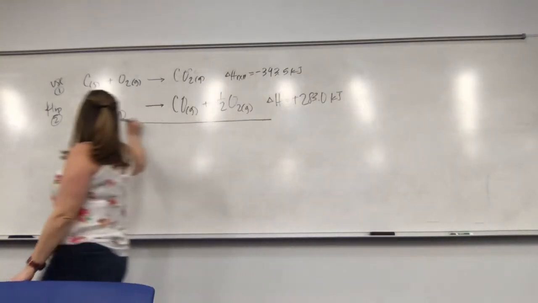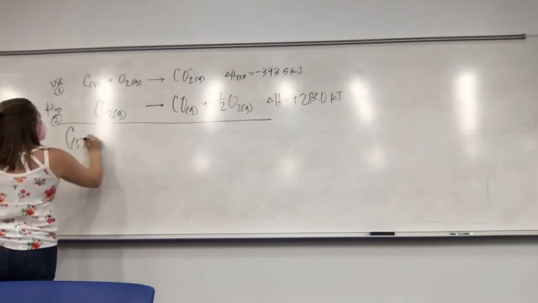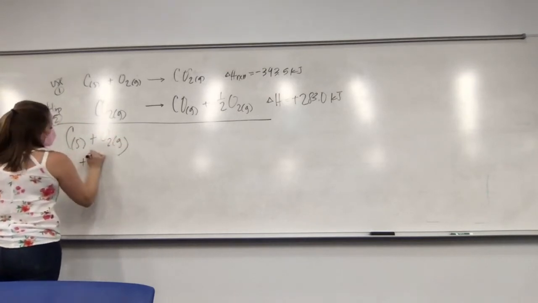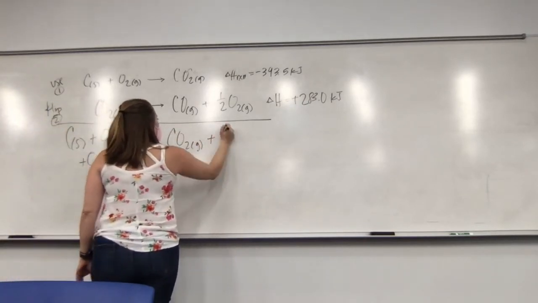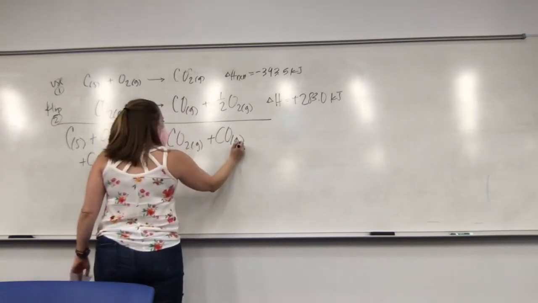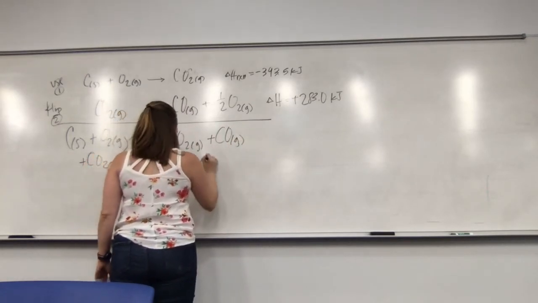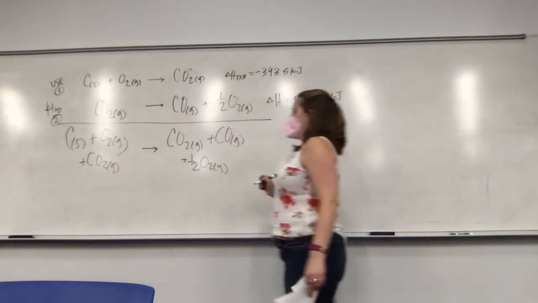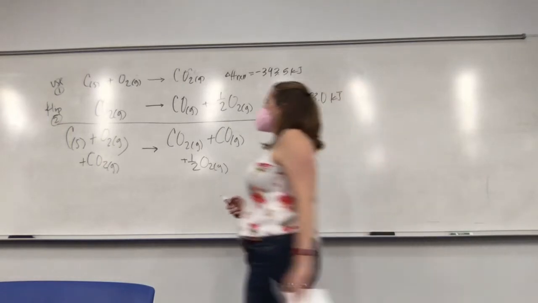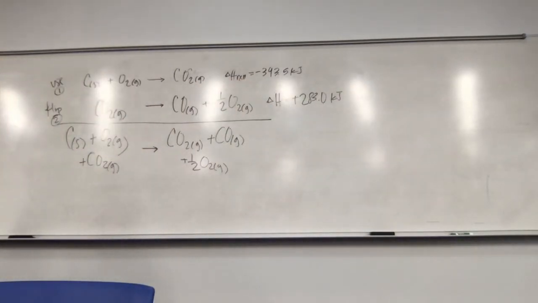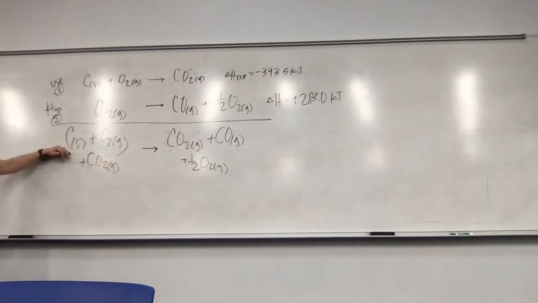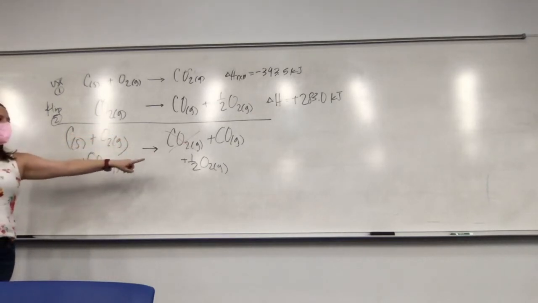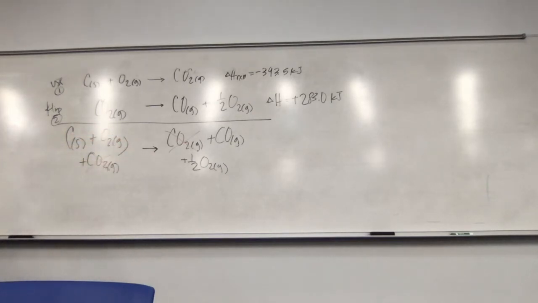So now we're going to add these up, make sure we got it right. So we have carbon solid plus O2 gas plus CO2 gas gives me CO2 gas plus CO gas plus 1/2 O2 gas. So now we got to get rid of anything on both sides. So the CO2 gas is relatively obvious that we see it on both sides. So the carbon looks good, the carbon monoxide looks good, but the oxygen is unbalanced. Anything you see on both sides can be canceled.